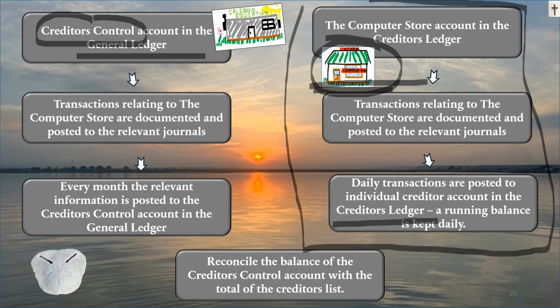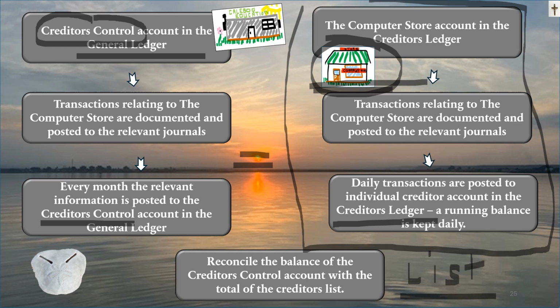And hopefully, once we balance this creditors control account, it will equal the list of creditors in the creditors ledger. The control account is a summary of all the individual creditors, accounts payable. So if we have done everything correctly, accurately, the control account will balance the total list of all the individual creditors.